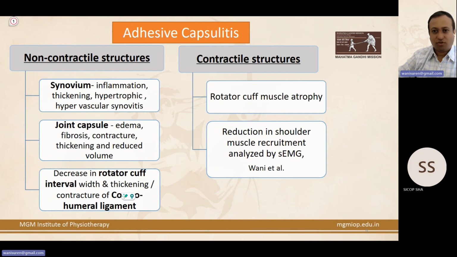The major findings of the studies were that the cross-sectional area of the rotator cuff was found to be reduced, that is, muscle atrophy. Along with this, the EMG analysis we did for the shoulder muscles showed reduced recruitment in the patients with adhesive capsulitis. In some shoulder muscles, the muscle activity was found to be reduced.